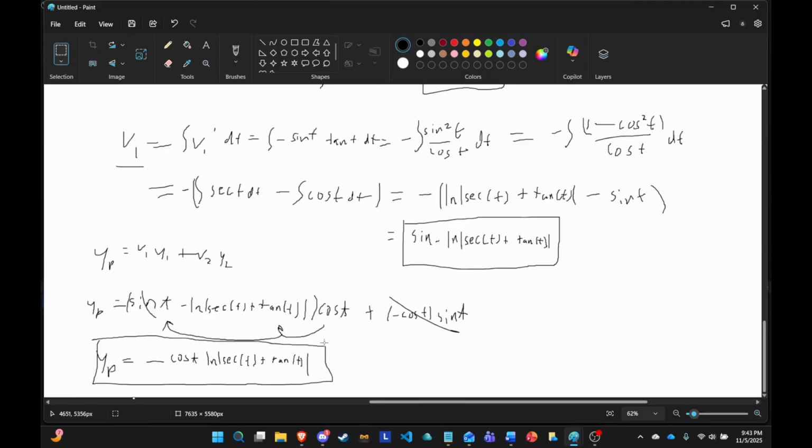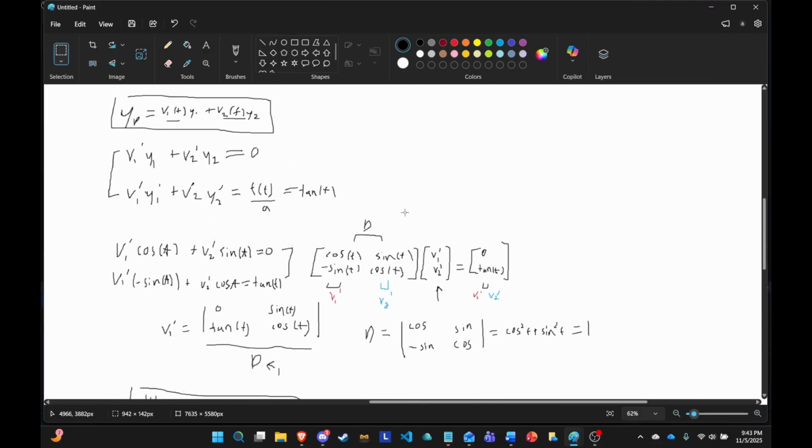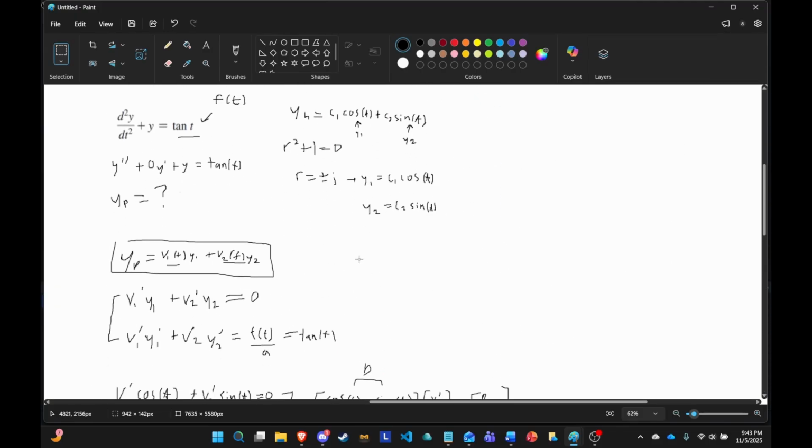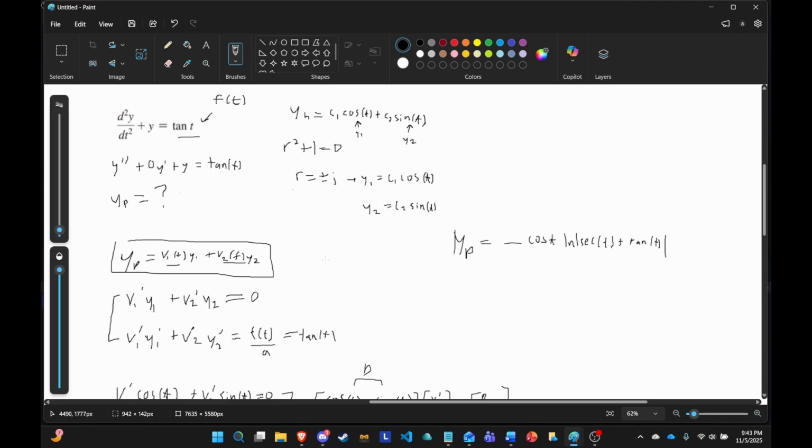So as you can see, this value we couldn't have easily guessed as we were able to for method of undetermined coefficients. So our final solution would be y equals yh plus yp.